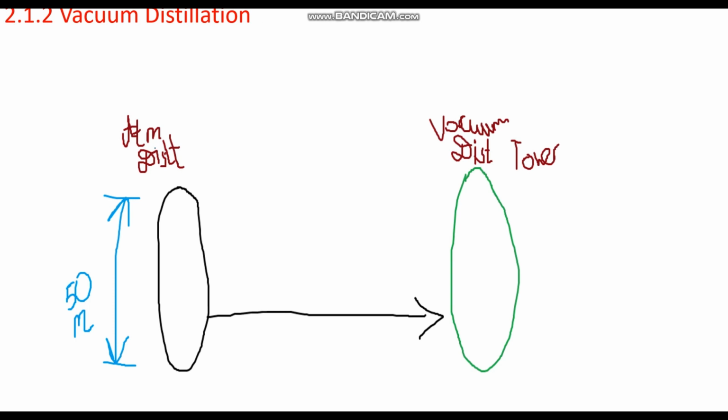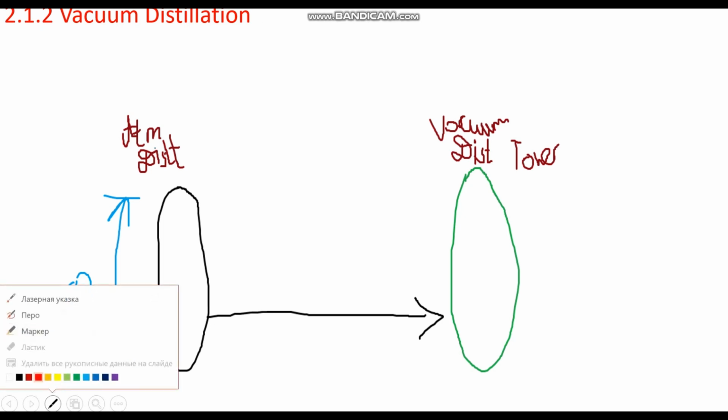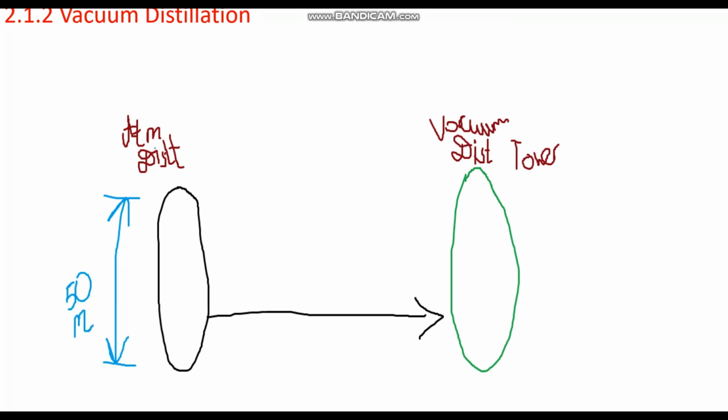So vacuum distillation. Let's talk about vacuum distillation. The residue from an atmospheric distillation tower can be sent to a vacuum distillation tower. I think I forgot to mention last time that atmospheric distillation towers are tall, many meters vertically, and here we will have some bubble trays, from 20 to 40, depending on the situation.